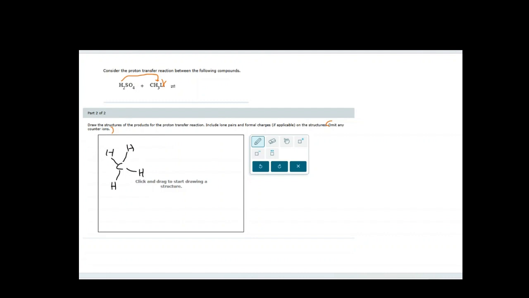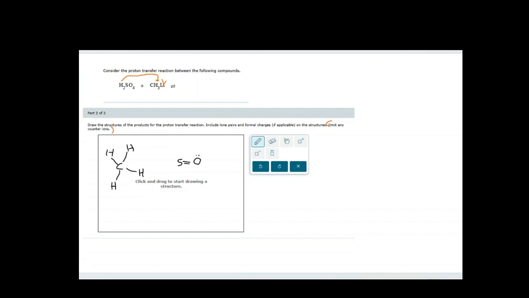Now we want to focus on drawing the conjugate base, which is the sulfuric acid that has now donated this hydrogen over. We are going to start by drawing the sulfur in the center. Because it has 4 oxygens on it, we're going to connect it to one oxygen right here. It's going to be double bonded because oxygen usually likes to have 2 bonds.